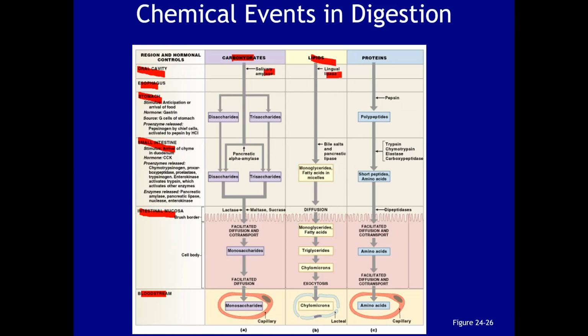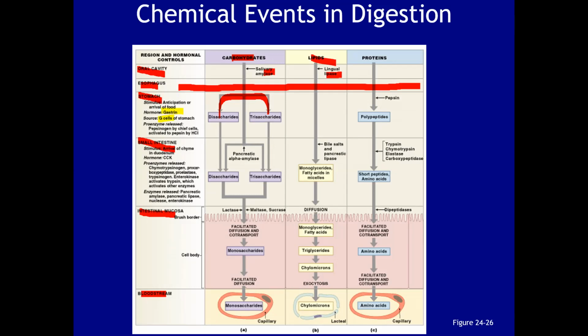Well, let's just take carbohydrates. So notice that nothing happens in the esophagus. No digestion is going to occur. But those carbohydrates that were beginning to be broken down in the oral cavity will then continue to be broken down once they get to the stomach. And notice that it is gastrin from G cells that allow for this breakdown to occur.